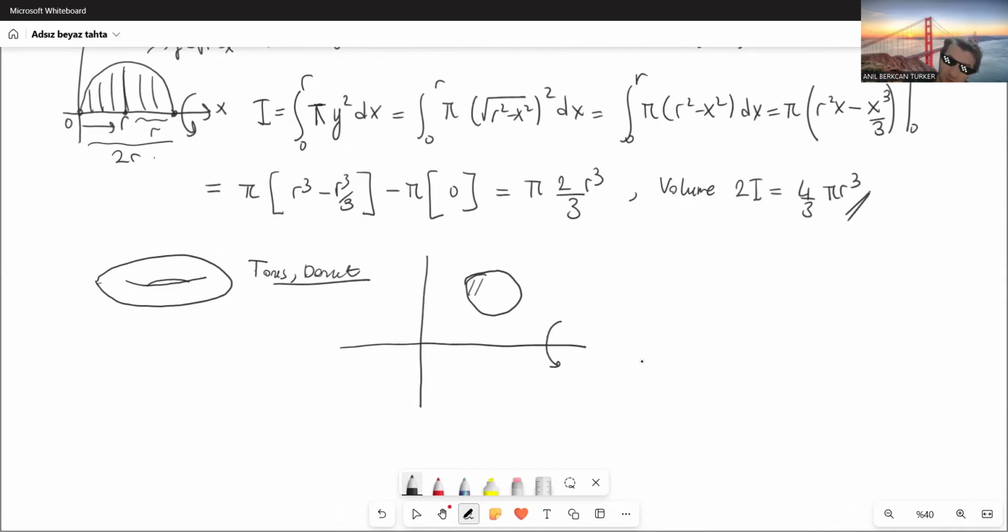So we will have a region. When you rotate this region, you will have a donut, right?